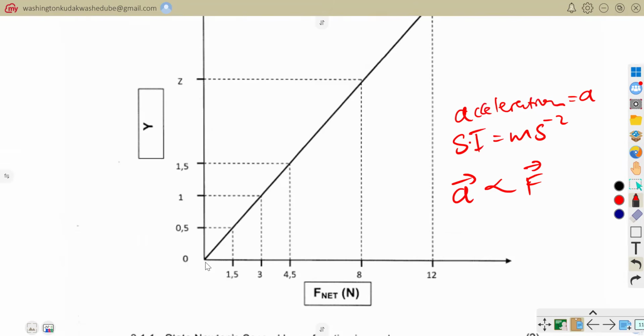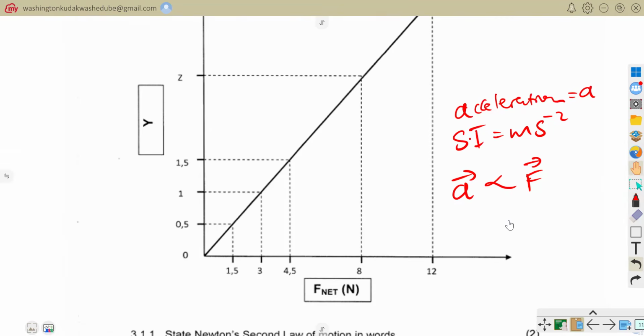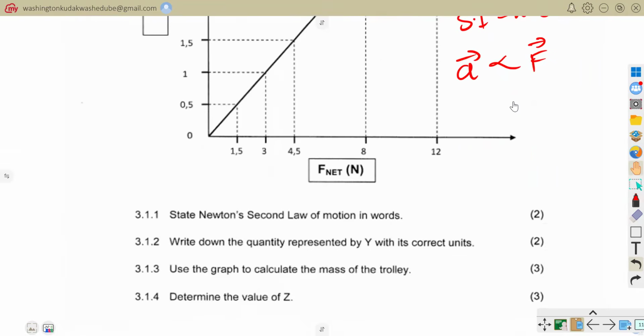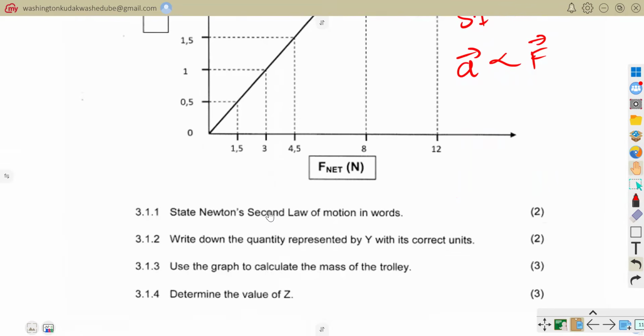So that's the only variable where you would draw your graph against the net force and have a straight line graph. So here you would just say acceleration. They said, write down the quantity represented by the letter y: it's acceleration, with the correct units, meters per square second.